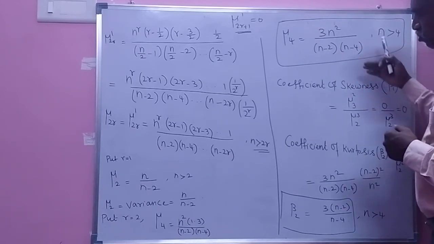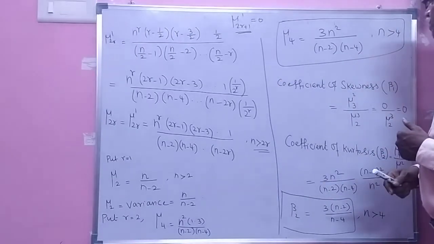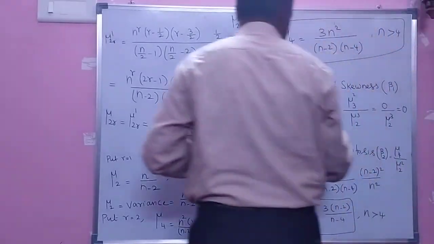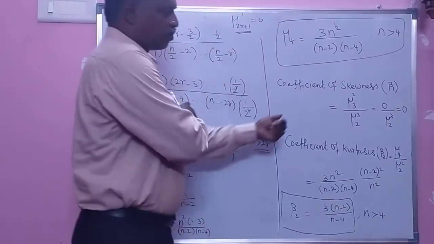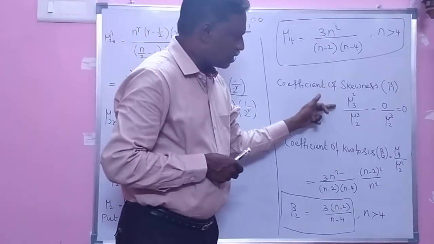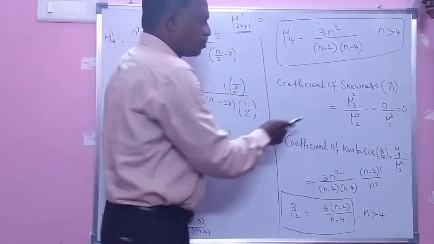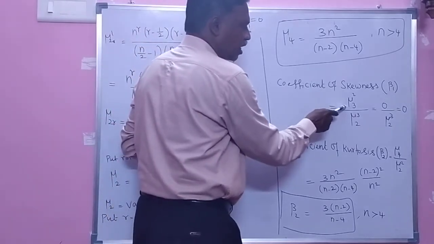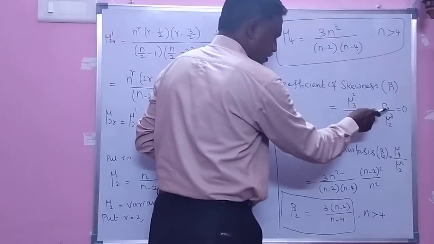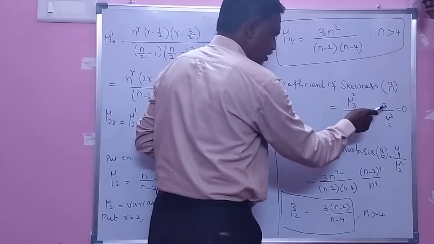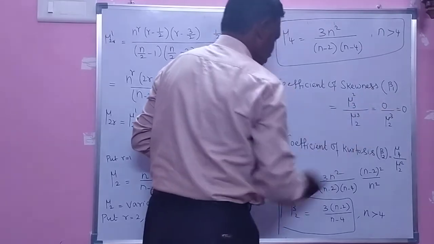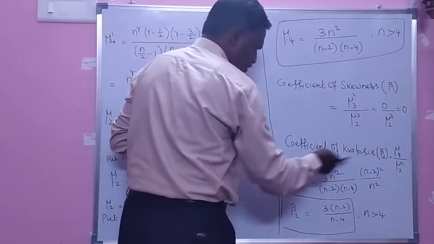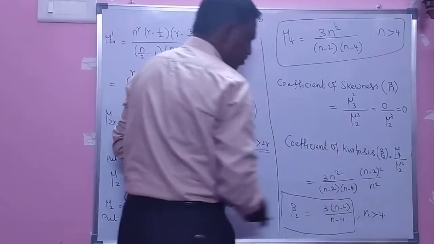Based on the moments we have obtained, we can find the coefficient of skewness, which is mu 3 square divided by mu 2 power 3. Mu 3 is already 0 since it is an odd moment, so the answer is 0. Then you find the coefficient of kurtosis, beta 2, which is mu 4 divided by mu 2 square.